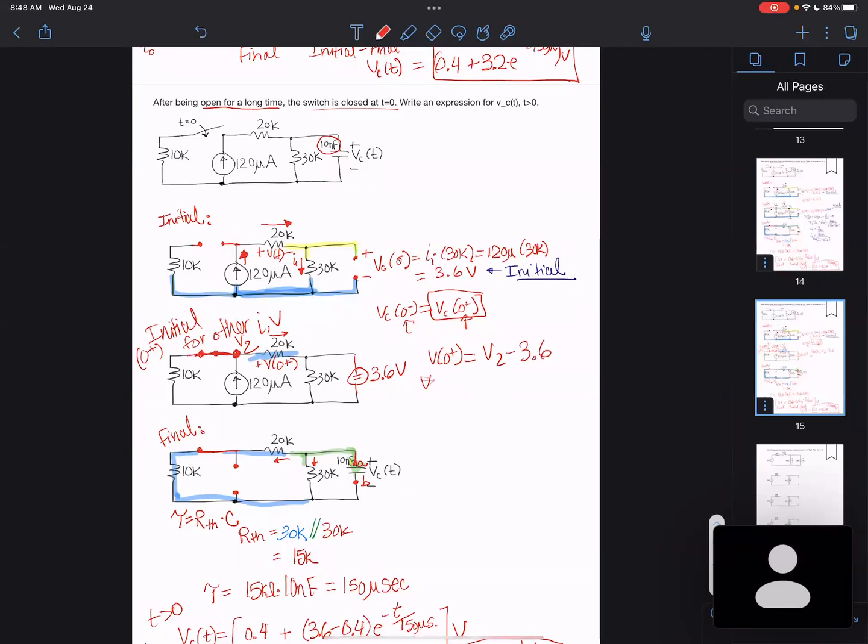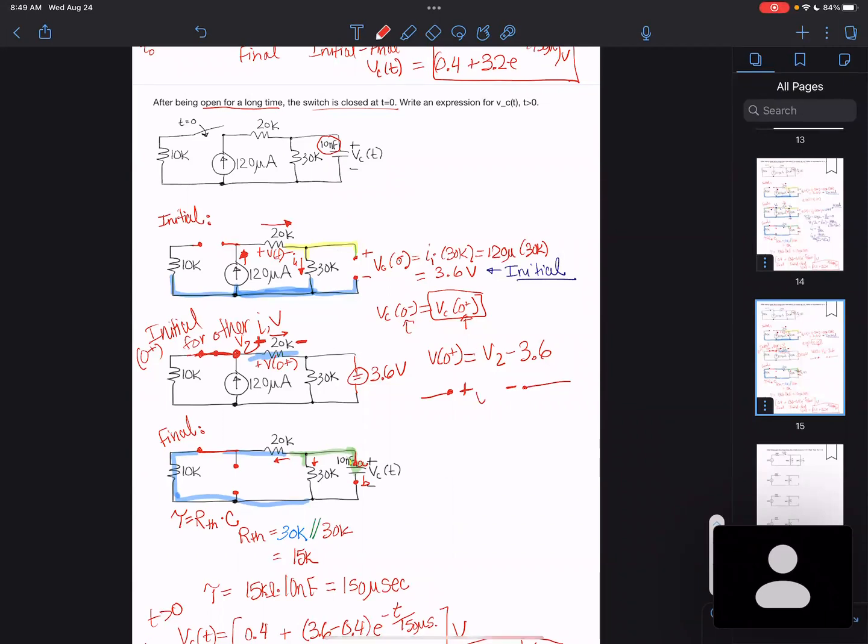So if you remember, I labeled this V0 plus as a plus to minus. And remember for voltages, if I'm trying to find a differential voltage between this place and this place, if I know those two voltages, then I can find the difference.